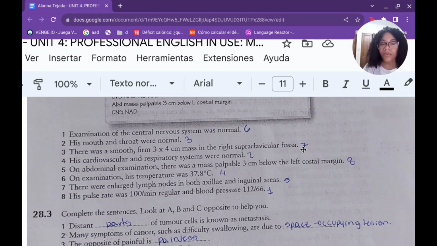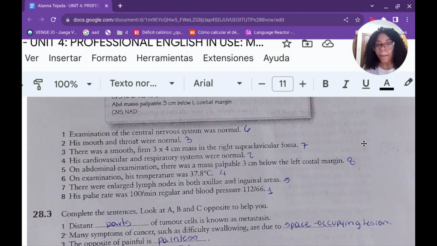Now I'm going to say it in order because I forgot. Sorry. So his pulse rate was 100 per minute regular, and blood pressure 112 per 66. That's number 1. His cardiovascular and respiratory systems were normal. Number 2. His mouth and throat were normal. Number 3. On examination, his temperature was 37.8 Celsius.